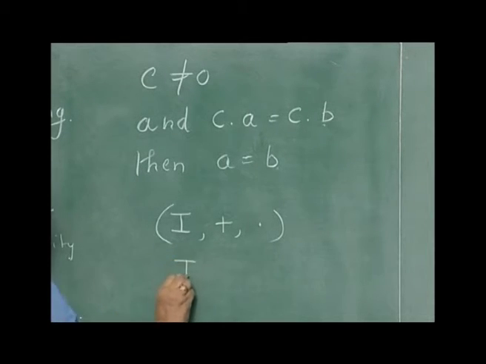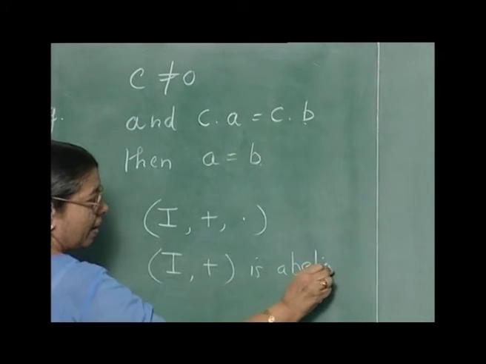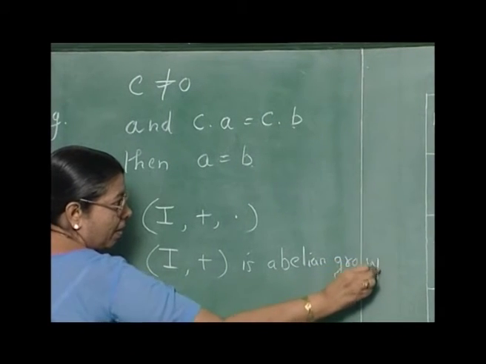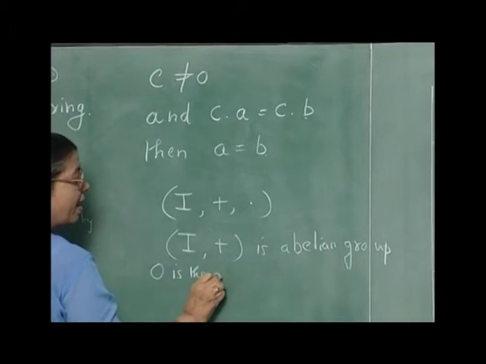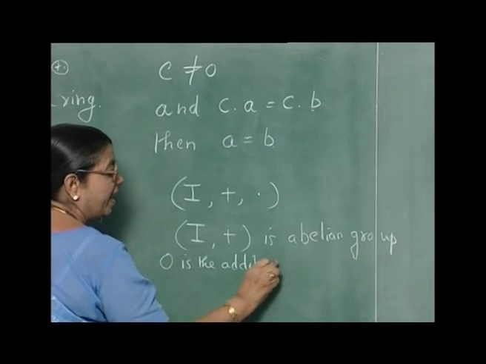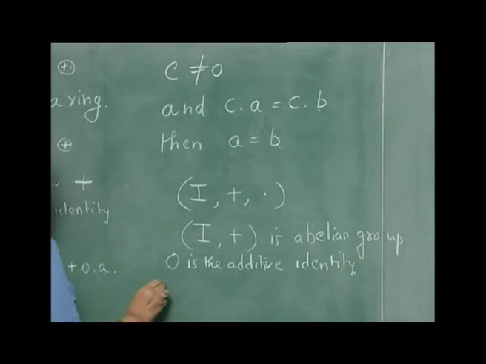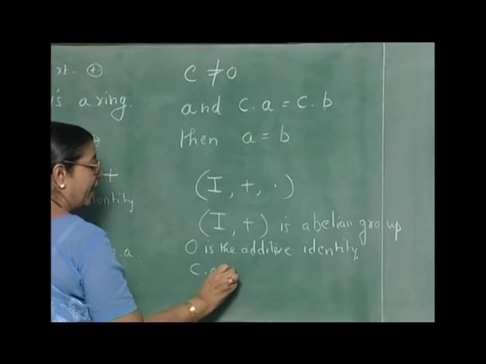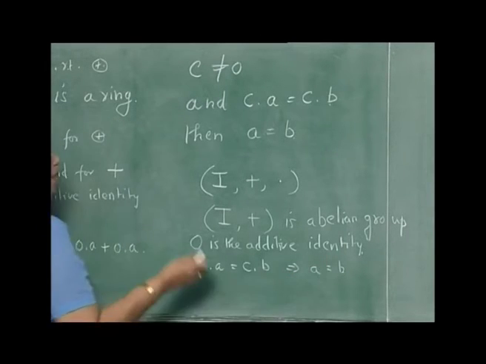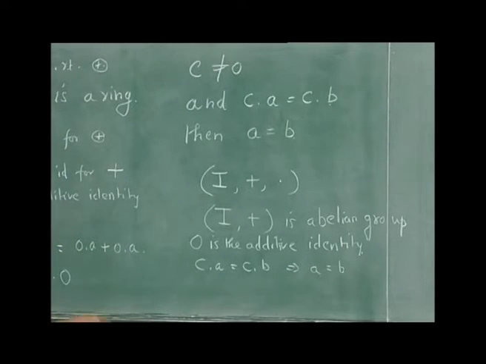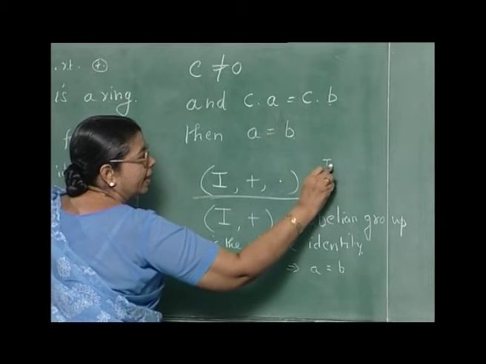You know that I plus is an abelian group where 0 is the additive identity, and if C is not 0, C multiplied by a number A equal to C multiplied by a number B will imply A is equal to B. This condition will be satisfied, and multiplication is distributive with respect to addition, and so all the three conditions are satisfied. So, this is an example of an integral domain.